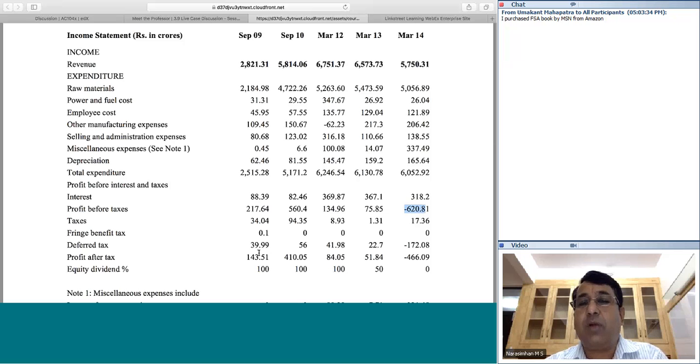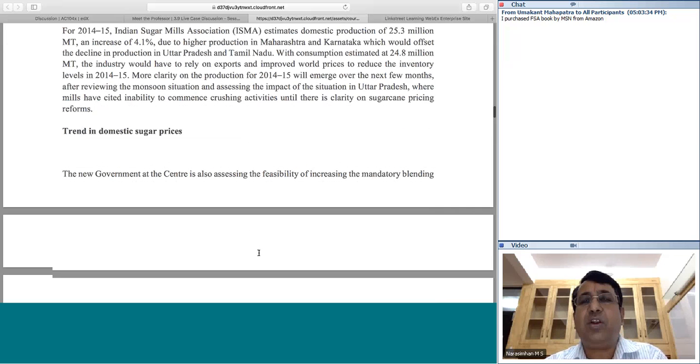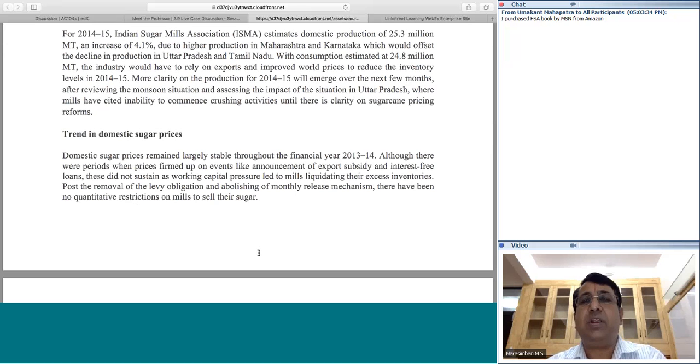So this is a problem. The strategy is good, the company is doing everything rightly, but still the profitability has taken a beating. If you have run through the management discussion, you would figure out what is the problem which is happening in this particular industry.